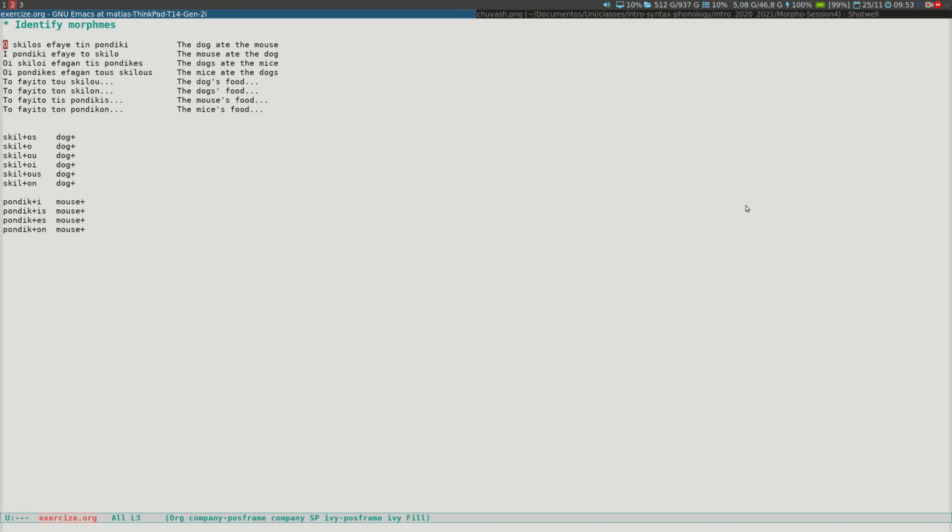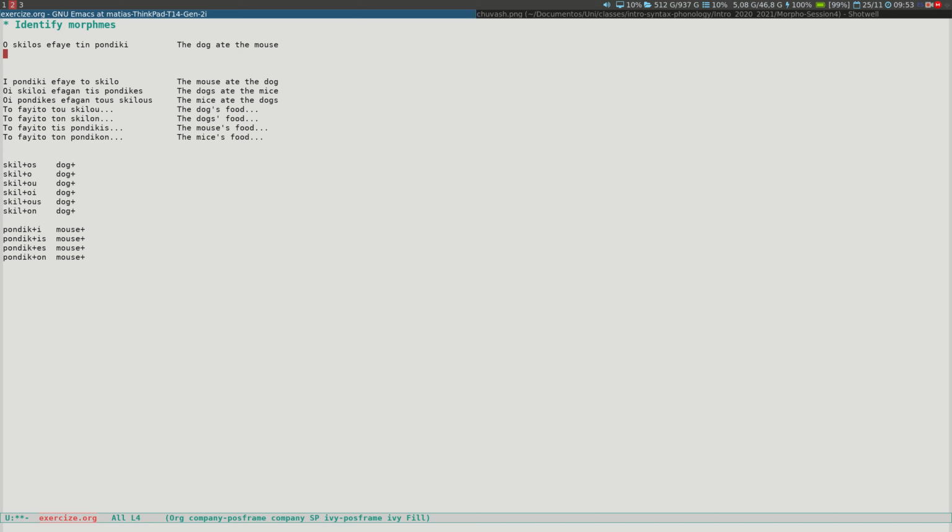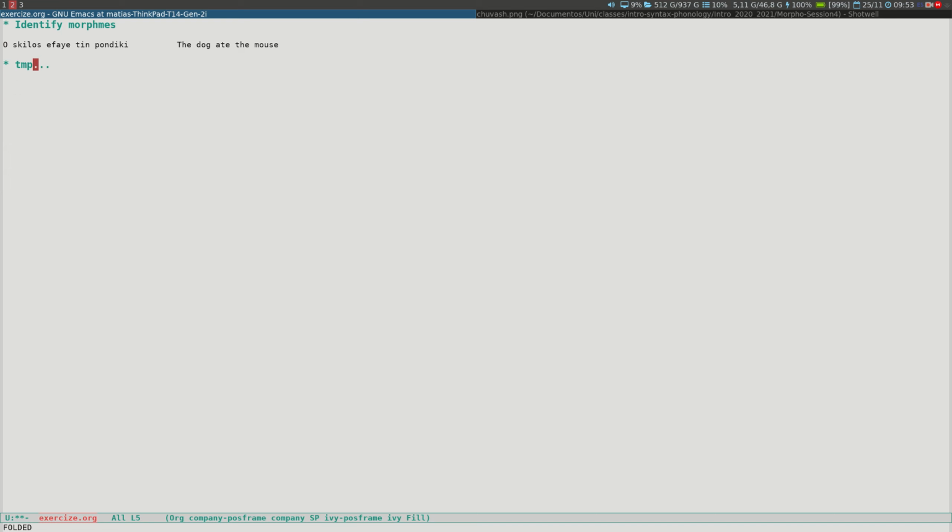Well, we start with the first sentence, and we see that the first sentence says the dog ate the mouse. If we just look at the first sentence and forget about everything else for a second, you see that there's nothing we can gather from this.